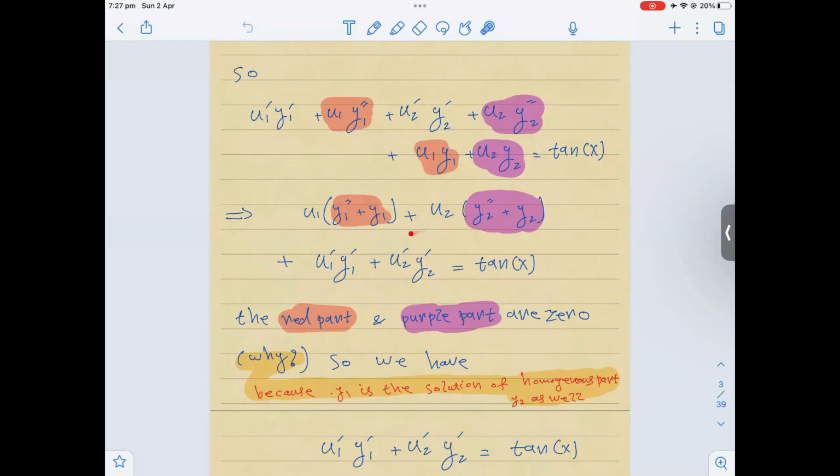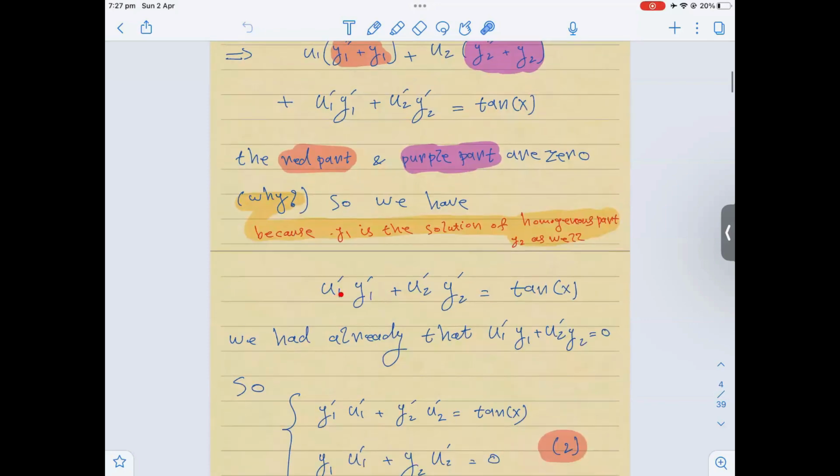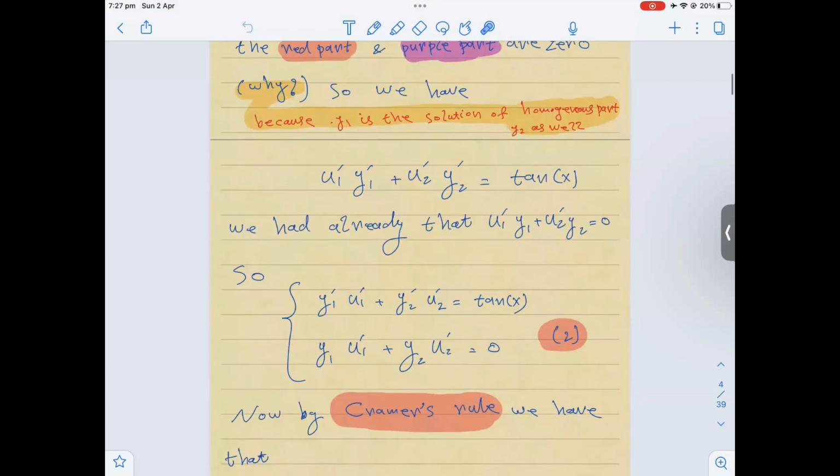So what we are left with is just this expression. So I have this equation and the original assumption, and we can find u1 prime and u2 prime using these two simultaneous equations.